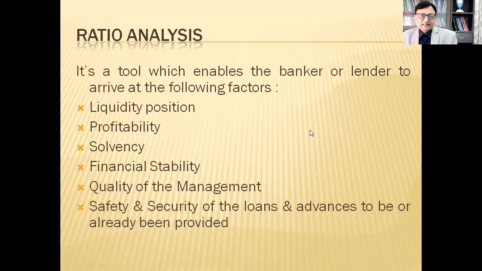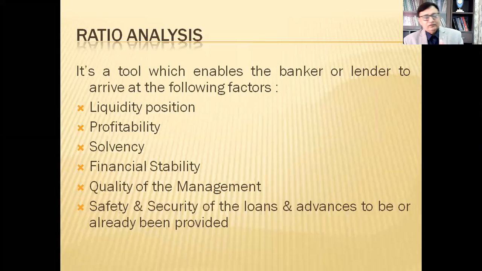Now, what is ratio analysis? It's basically a tool which enables the banker or lender to arrive at the following factors. Suppose I want to know the liquidity position of the company. In one financial statement it will not look very sound, but we have to compare it with other figures. We want to know the profitability of the company. We want to be sure about the solvency of the company. We want to be sure about the financial stability of the company or the quality of the management.